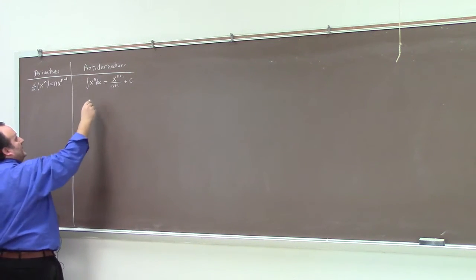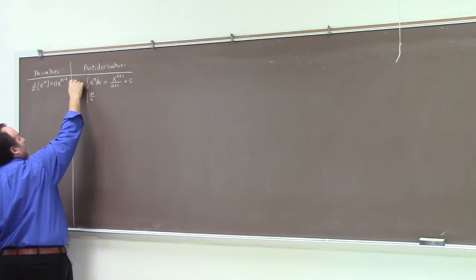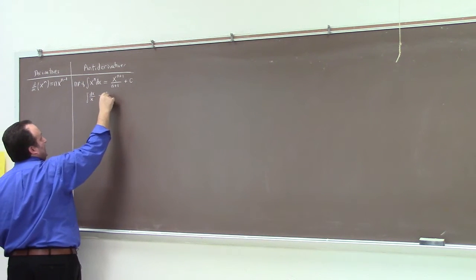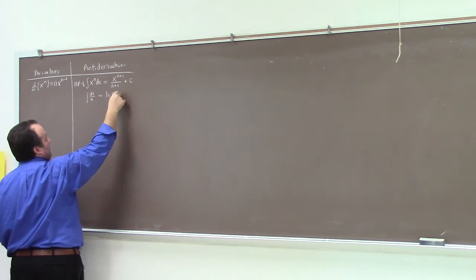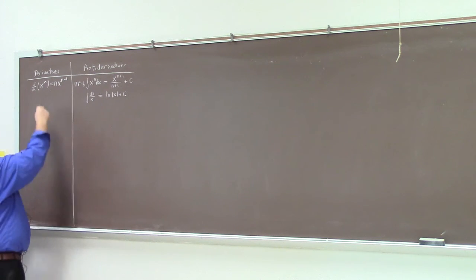And also the integral of dx over x, which is n equals minus 1, is the natural log of the absolute value of x plus a constant. So we have that.